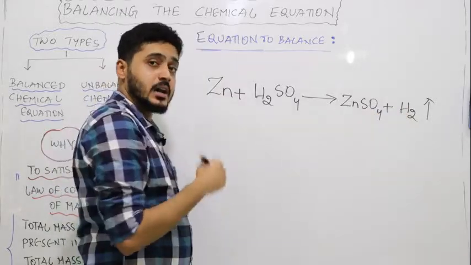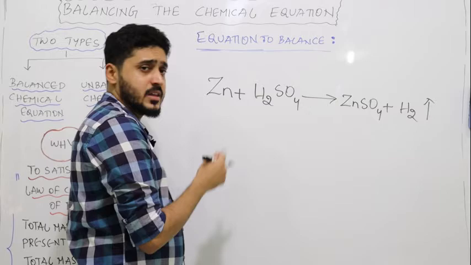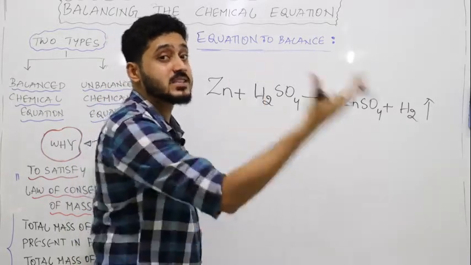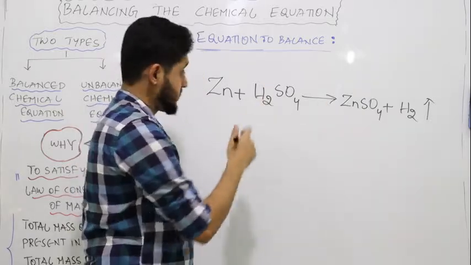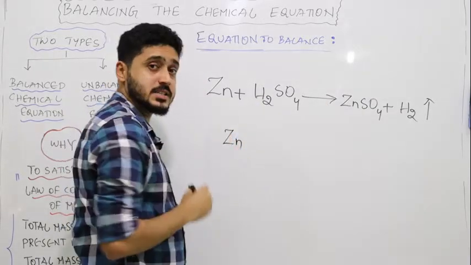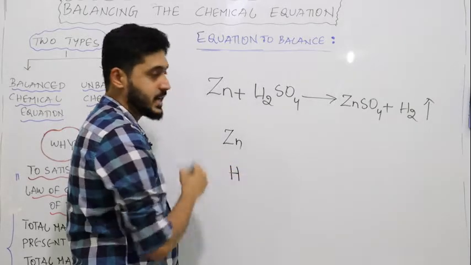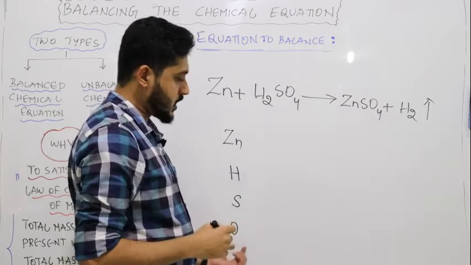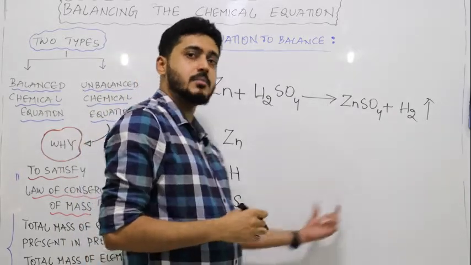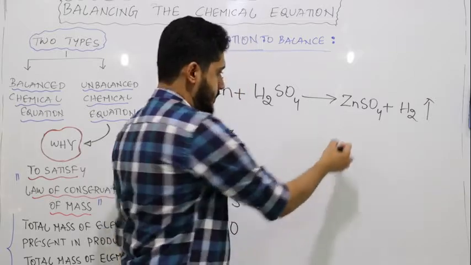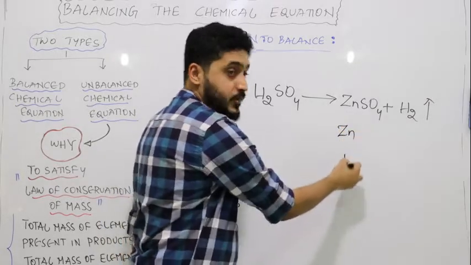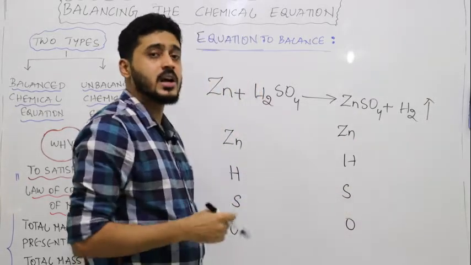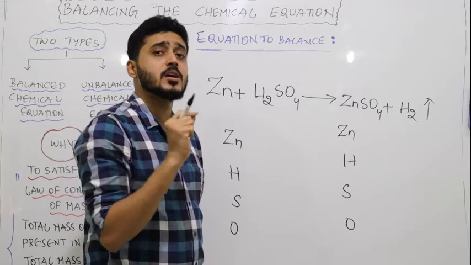Now, in the process of balancing, the very first step is to identify the elements present in the reactants as well as in the products. Zinc is the first element, hydrogen is the second, sulfur is the third, oxygen is the fourth. Whatever elements are present in the reactant will also be present in the product: zinc, hydrogen, sulfur as well as oxygen.